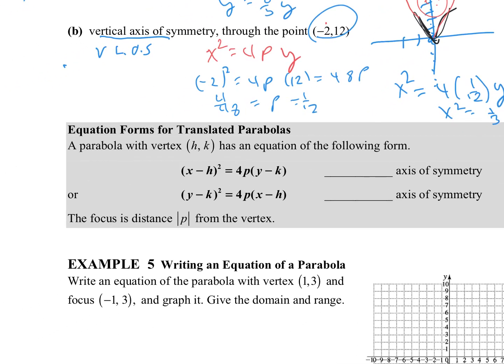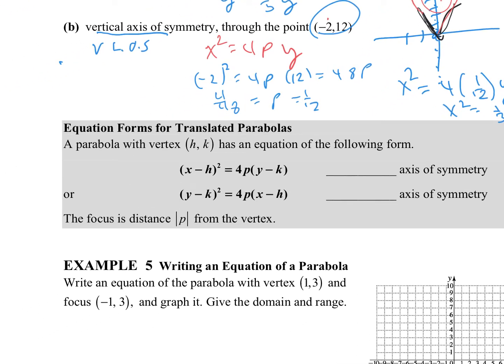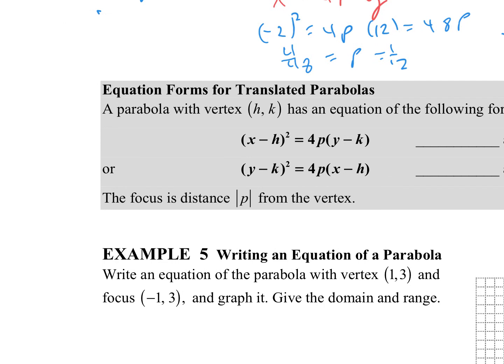Now he's going to talk about the translated parabola. You see what I have here? If the x is being squared, minus h. If the y is being squared, minus k. Because they basically flip-flopped. 4p, y minus k, x minus h. Okay, because remember, to find my vertex, it was a little more challenging to find the focus and all that when it was translated.